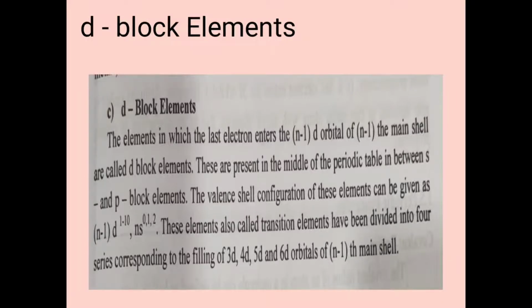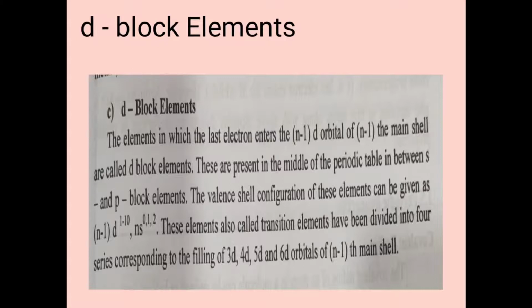These elements, also called the transition elements, have been divided into 4 series corresponding to the filling of 3d, 4d, 5d, 6d in the main shell. 3d series: this is the first transition series and it consists of 10 elements. 4d series: this is the second transition series and includes 10 elements. 5d series: this is the third transition series and also includes 10 elements. 6d series: it is an incomplete series and at present has only 3 elements.